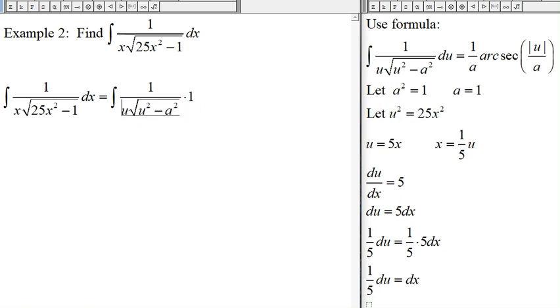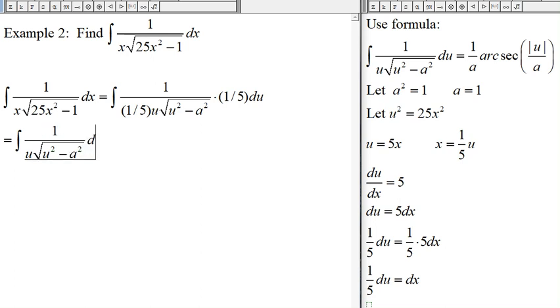Let's go ahead and write this like this. This 1/5 and this 1/5 cancel out. And so what's left is 1 divided by u square root of u squared minus a squared du.